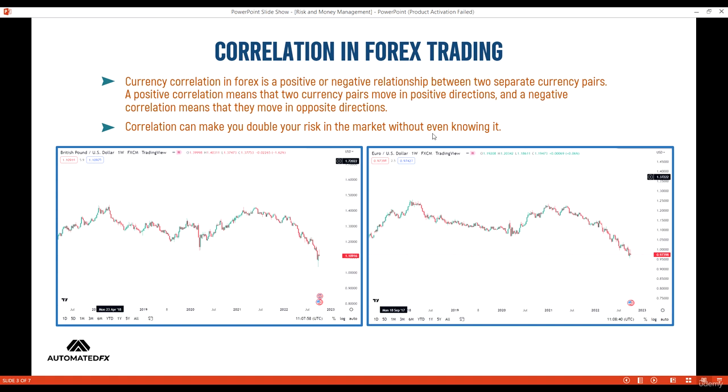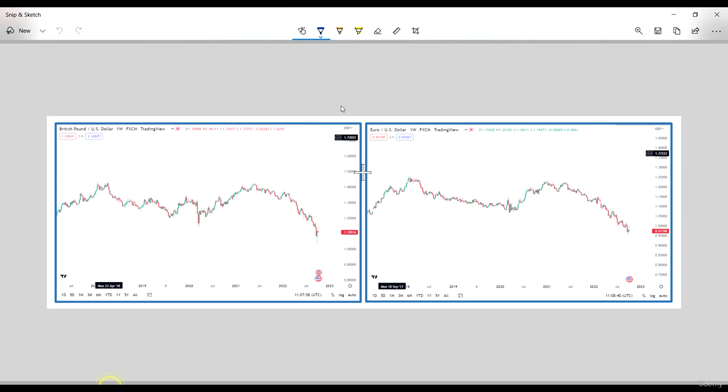So these are two currency pairs. We have GBP USD 1 week. We have Euro USD 1 week. And we can see a similar kind of movement between the two currency pairs. Now, let's just do a little drawing on them to explain better. You see here is a clear uptrend. Here also is a clear uptrend.